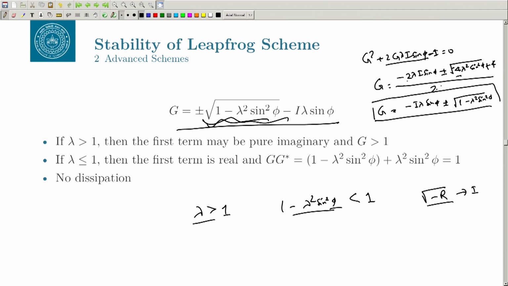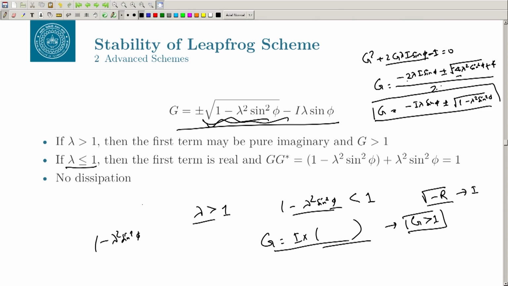So the entire G will become an imaginary term multiplied by some factor, and the amplification factor will become greater than 1. Only when you have lambda less than or equal to 1 will 1 - lambda^2 sin^2 phi be a real number, because this term is now positive, and then you can do G G star.